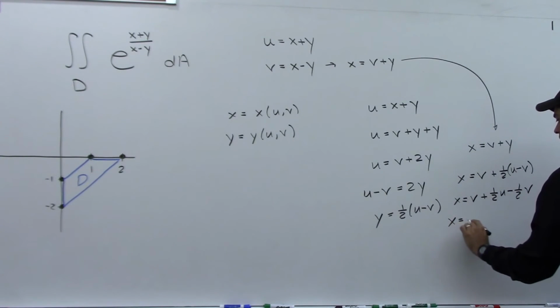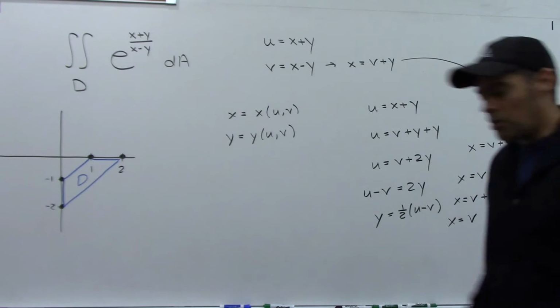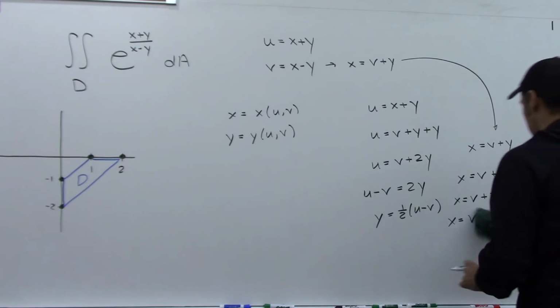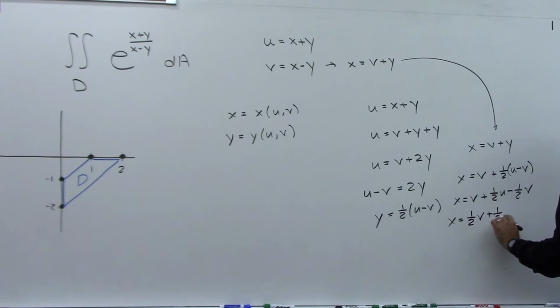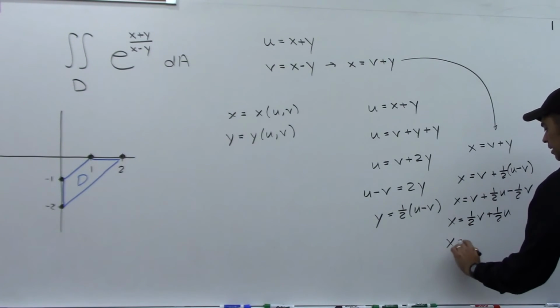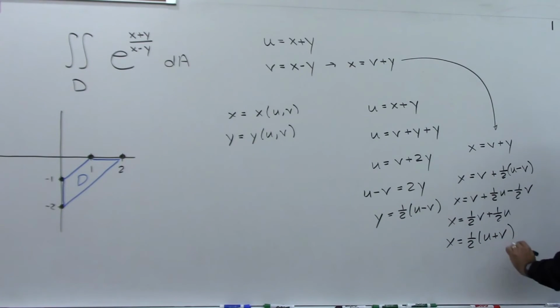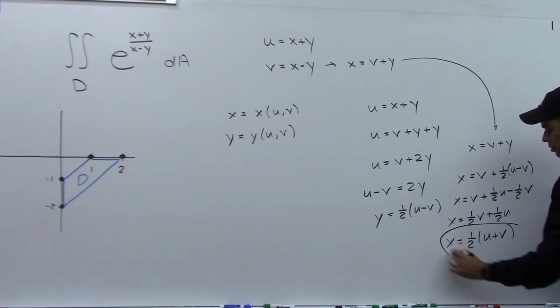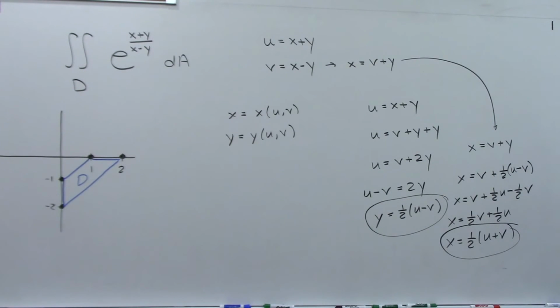So x is equal to v, and then take a v and subtract a 1/2 v, I get another 1/2 v. 1/2 v plus 1/2 u. So x is equal to 1/2 (u plus v). So there we go. We've got our two x and y equations, both in terms of u and v.